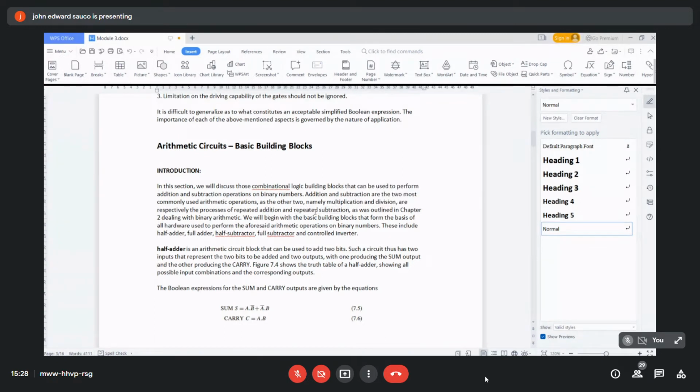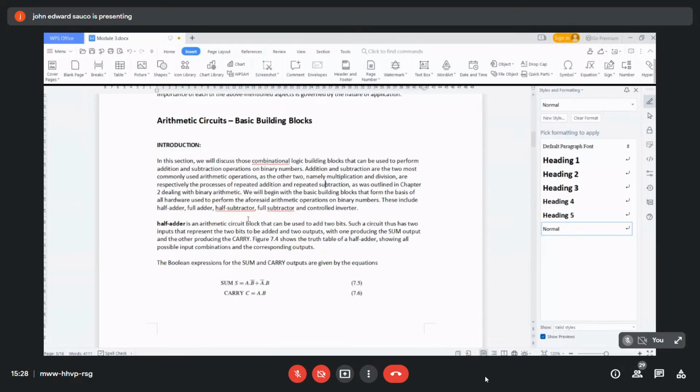Multiplication is repeated addition na, and division is repeated subtraction. So, sa basic building block is the form of basic hardware used to perform arithmetic operations on binary numbers. Ito ay half adder, full adder, half subtractor, full subtractor.